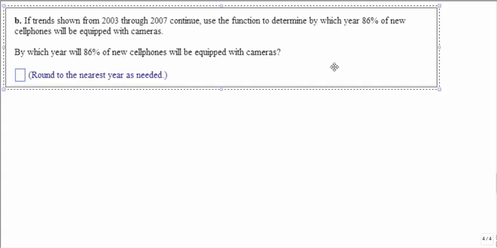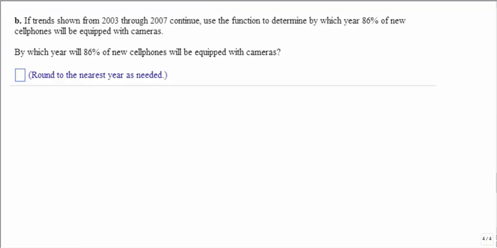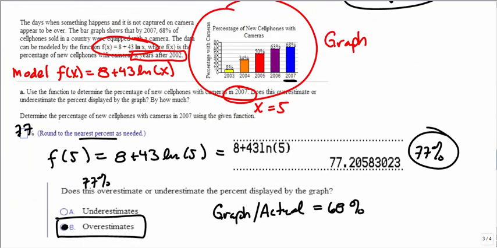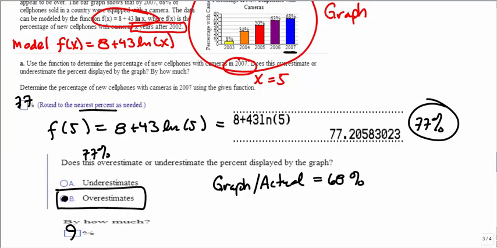It says, if trends show from 2003 to 2007, use the function to determine by which year 86% of new cell phones will have a camera. So let me pop that question in so you can see what we're looking at there. So this is the same problem that we're just working on. We're just adding another part to the question.